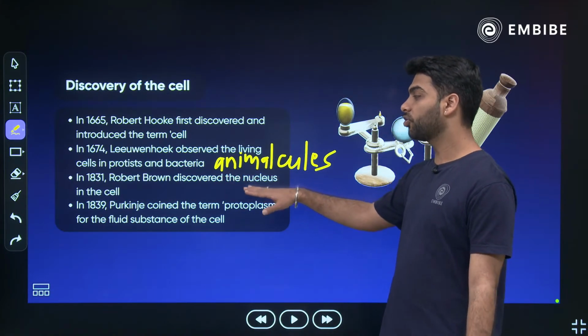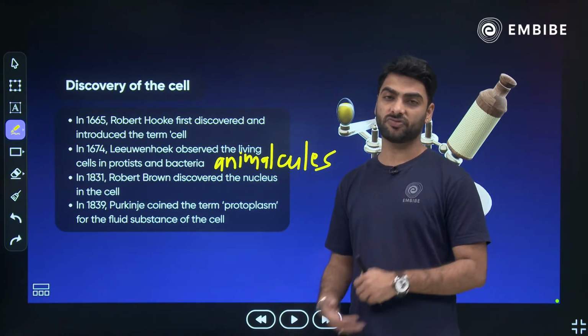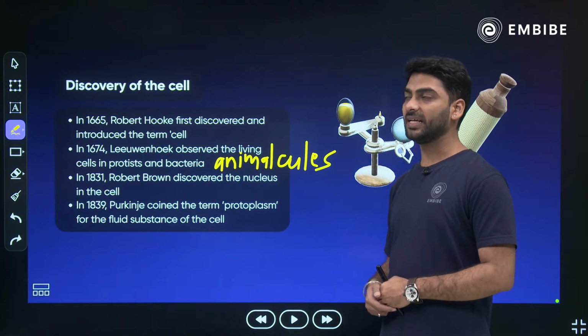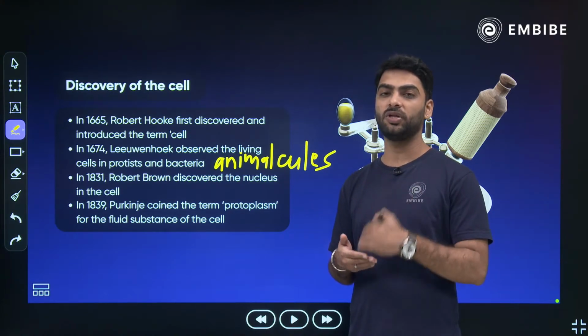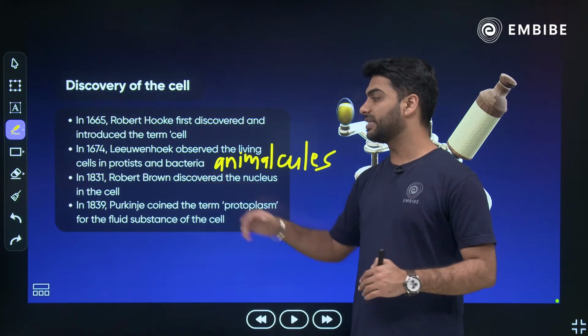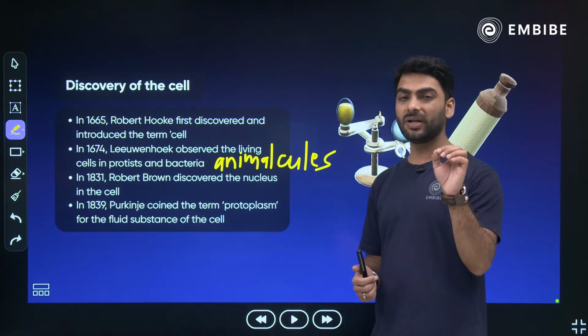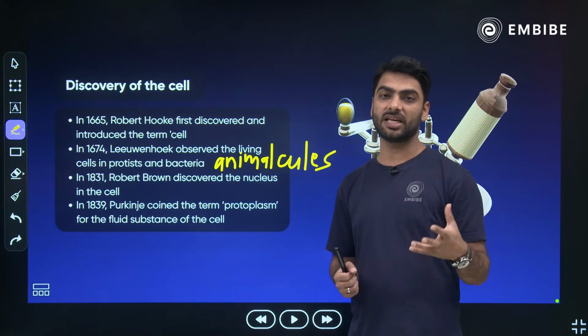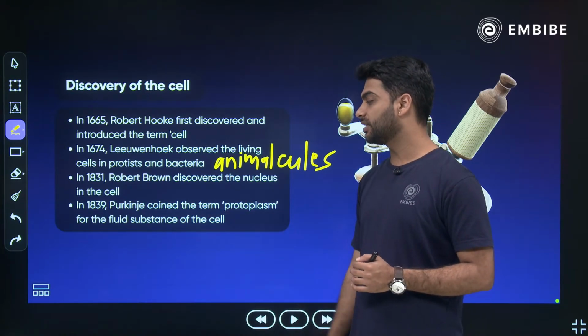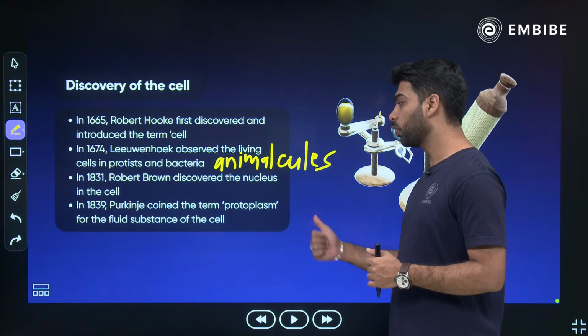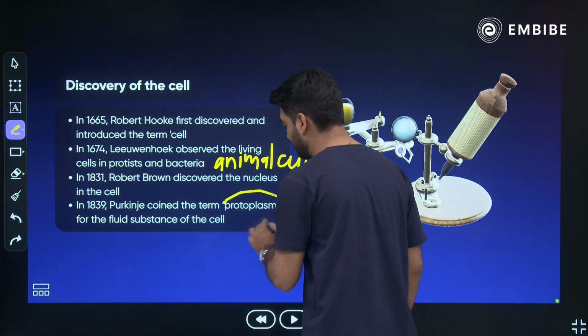In 1831, Robert Brown discovered the nucleus for the first time. A few days back, I think last week, we did a session all about the nucleus. In that we understood how the nucleus was first discovered in 1831 by Robert Brown. The nucleus is the darkest and the largest cell organelle, very easy to identify. In 1839, Purkinje coined the term protoplasm. What do you mean by protoplasm?